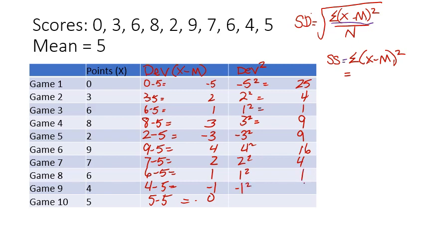Negative 1 squared is 1. 0 squared is 0. So if we add these together, we have 22 plus 18 is 40, 45, 50, 70. So our sum of squares is 70. And I did that again by adding all these together.